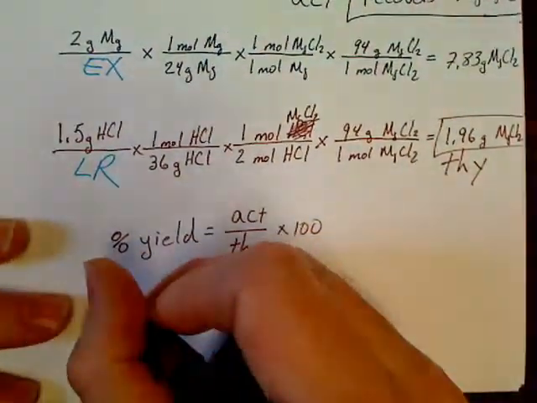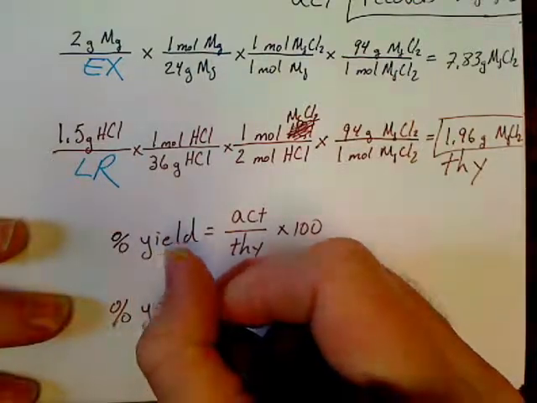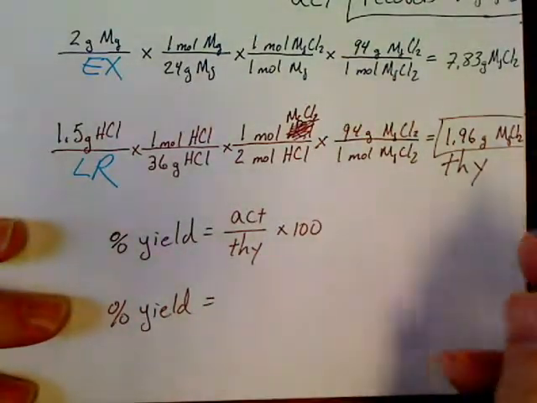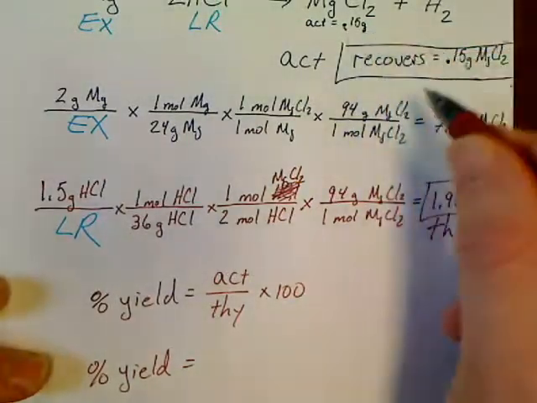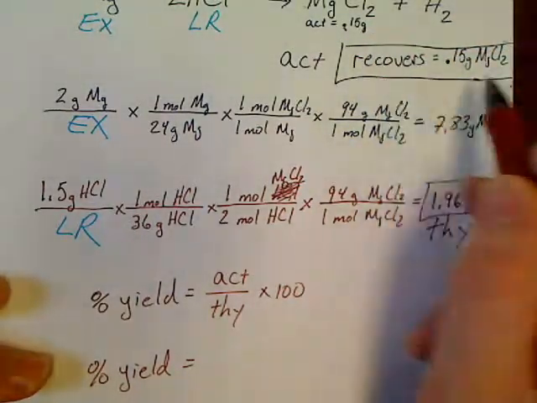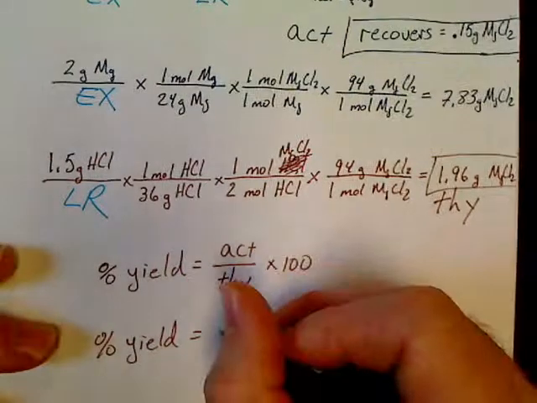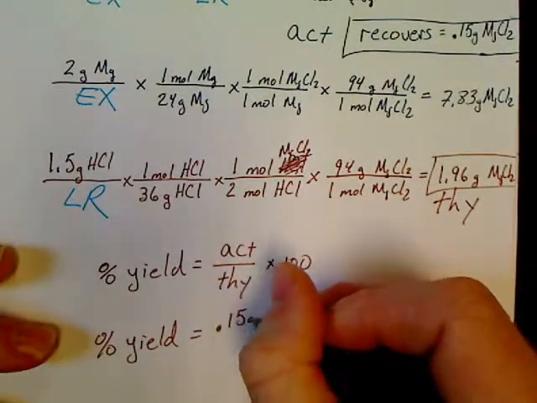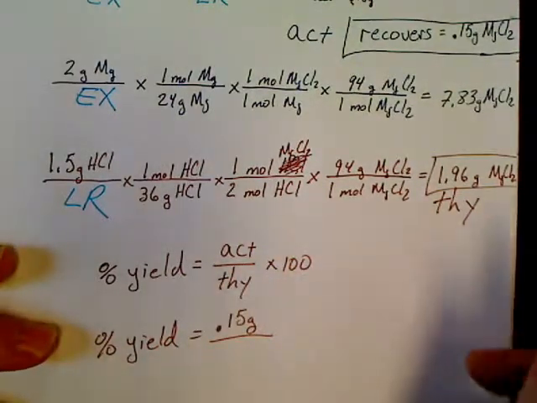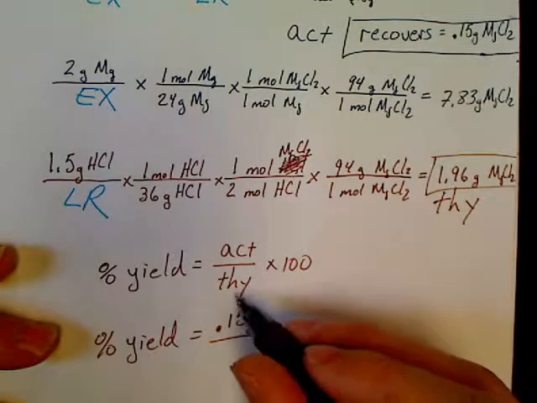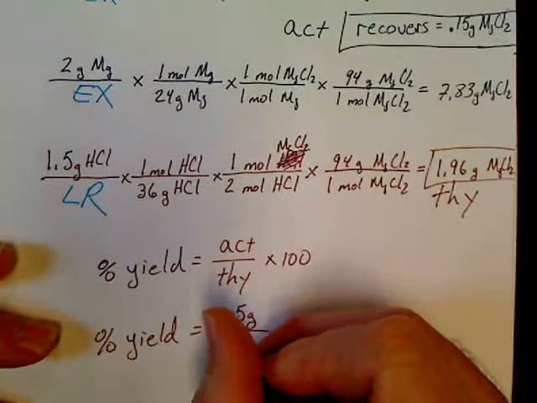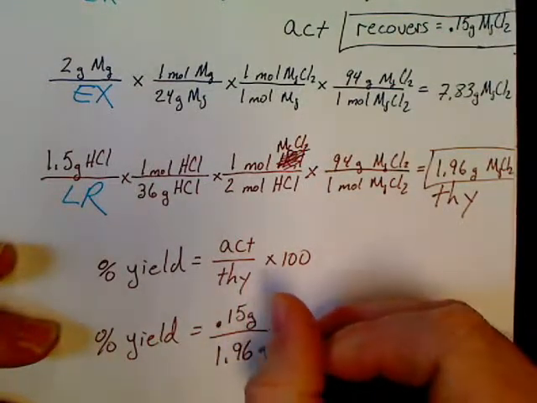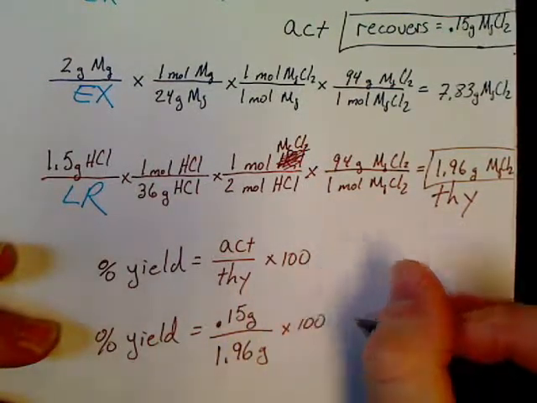So, percent yield equals the actual, which the actual yield was 0.15. The student recovered 0.15 grams of MgCl2. They were supposed to, in theory, they were supposed to make 1.96 grams times 100.